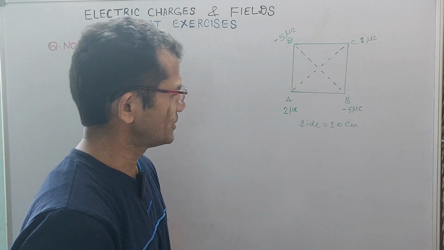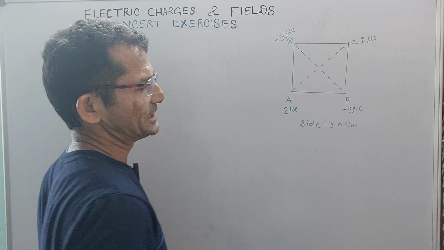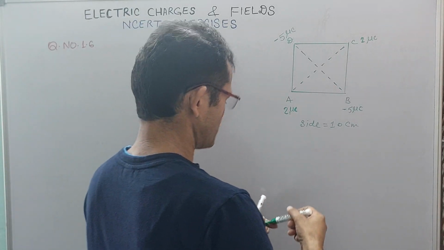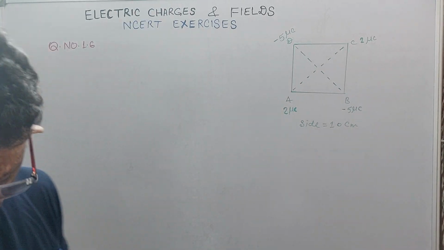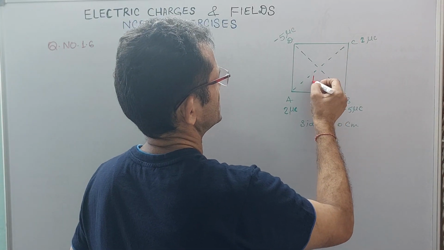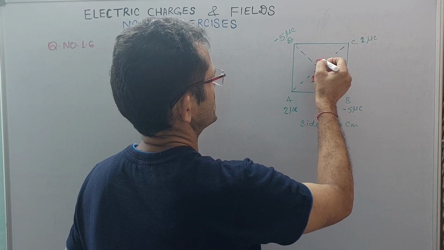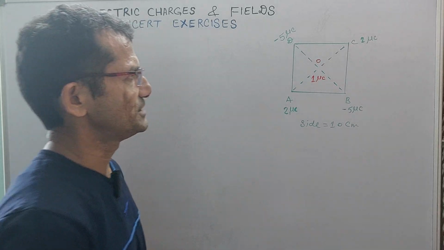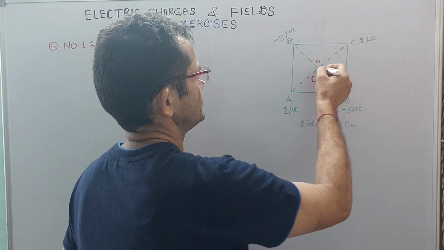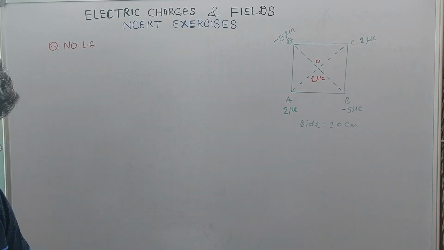So we have to find out the point of intersection of the diagonals. A charge of 1 microcoulomb is placed at the center. O is the center, which is the point of intersection of these diagonals. So we have to find out the net force on this one.